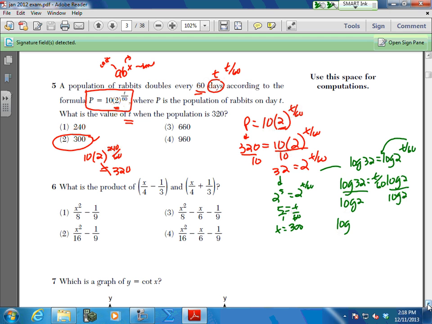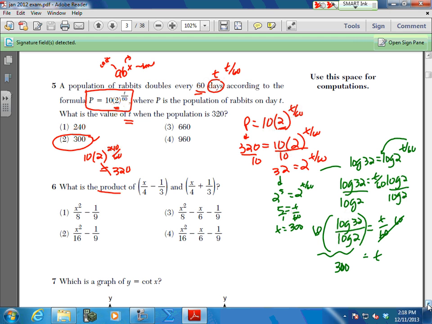Leave this just as it is. Don't divide this out yet. And you notice you're going to have to multiply by 60. So multiply both sides by 60. So t is whatever this is, and you put it in your calculator, and it will also work out to 300. So you have a number of ways you can solve this.